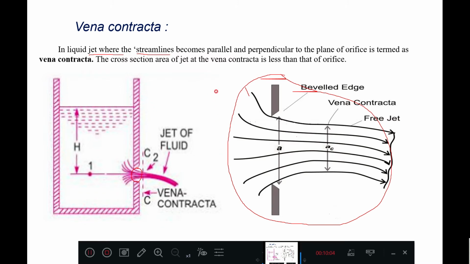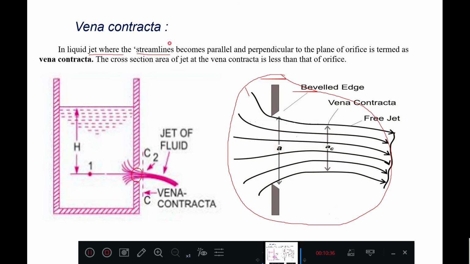While coming out, the streamlines contract initially, then they get attracted towards gravity, meaning the water will be falling down like this. See, look at this picture. This is the beveled edge, and this is the vena contracta portion, or the point, or the region.